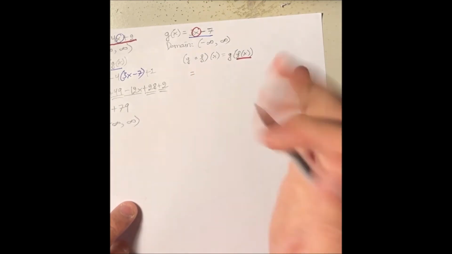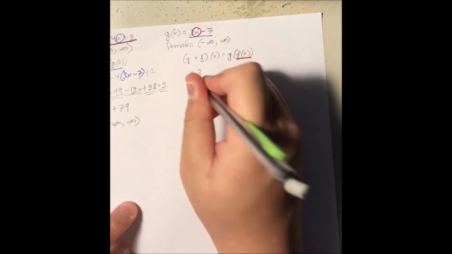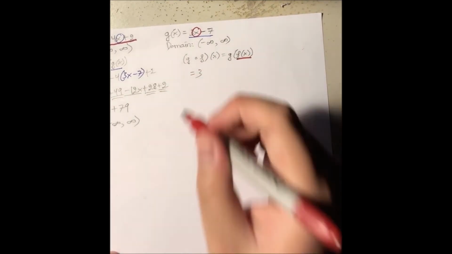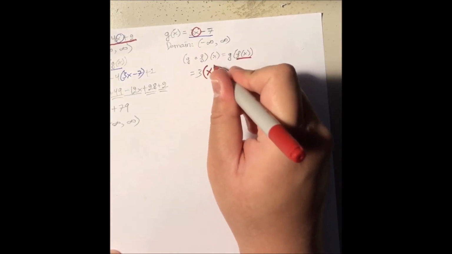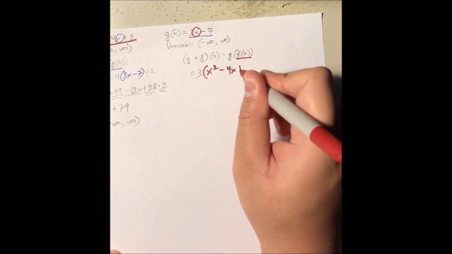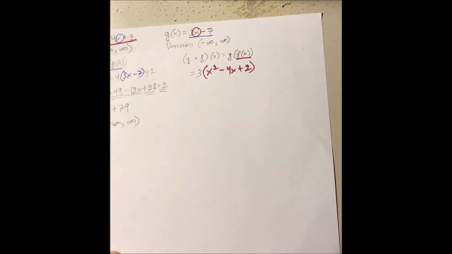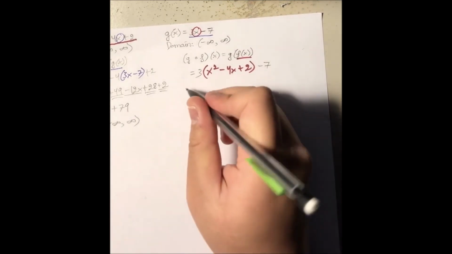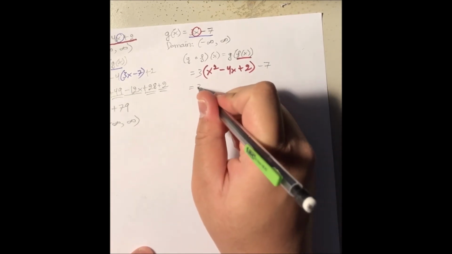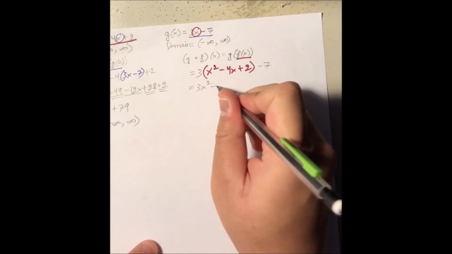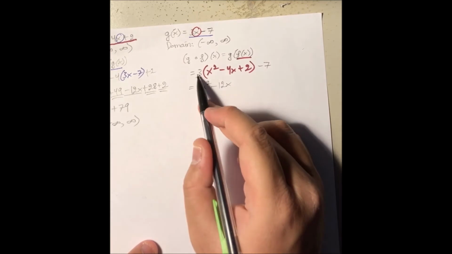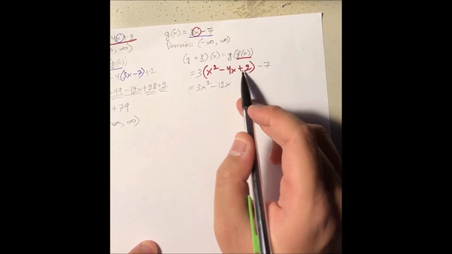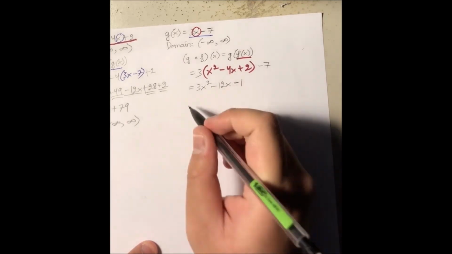So this is going to be equal to 3 times x squared minus 4x plus 2, and then minus 7. Well, foiling the 3, we are going to have 3x squared minus 12x. Let's see, 3 times 2 is 6. 6 minus 7 is going to be -1.